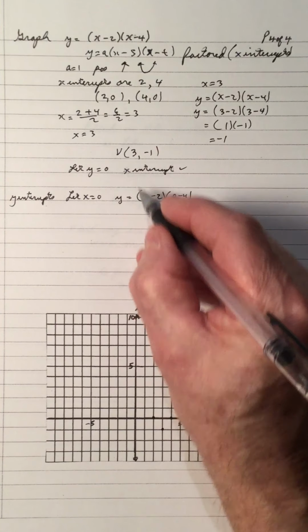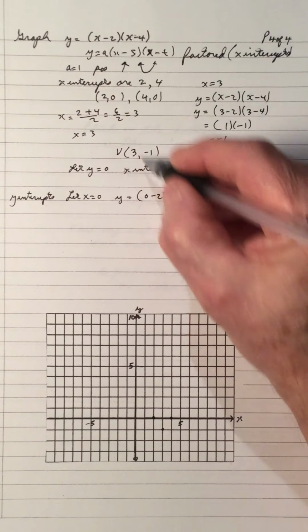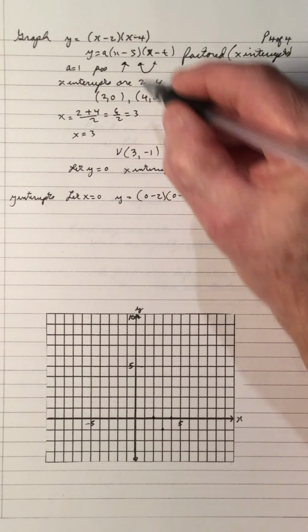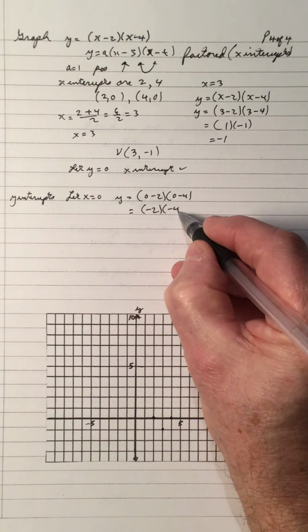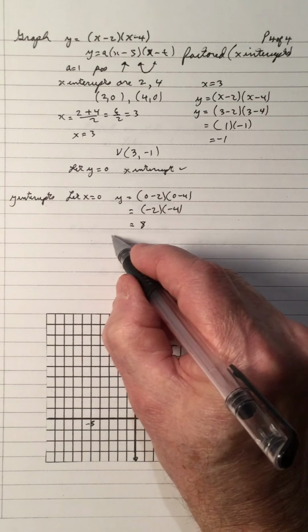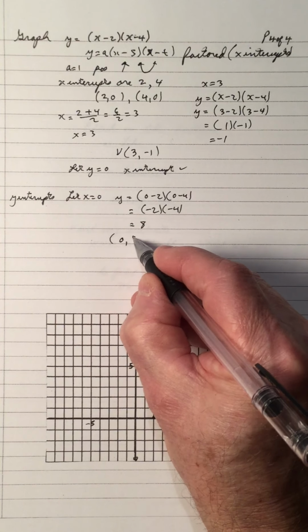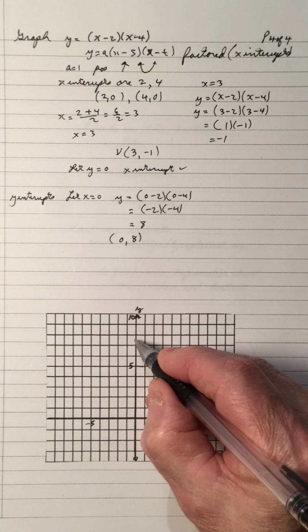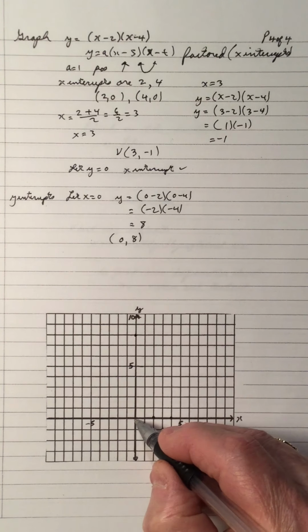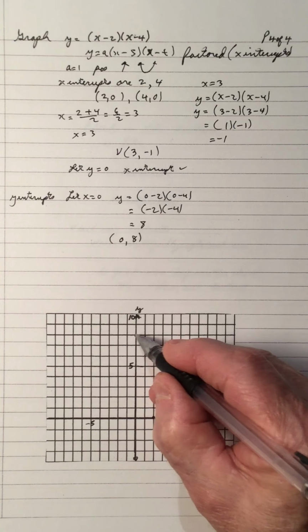So take the equation, we put 0 in the place of x, and that gives us -2 times -4, which is 8. So when x is 0, y is 8. So 5, 6, 7, 8. Right here, x is 0, y is 8 there.